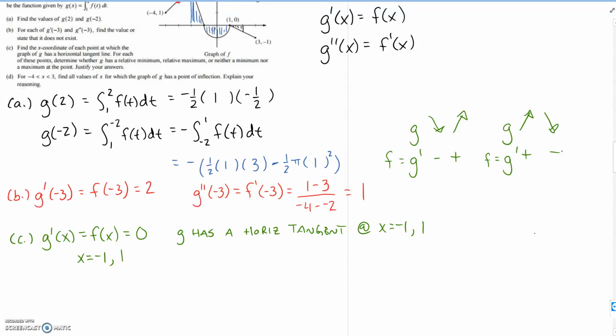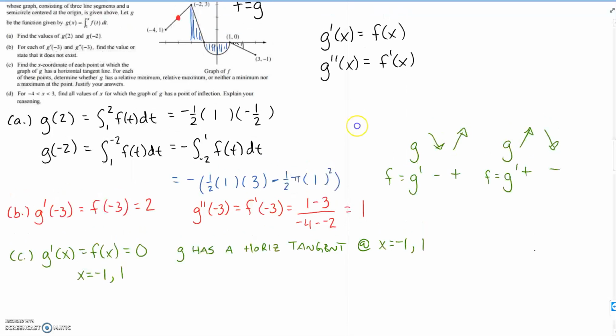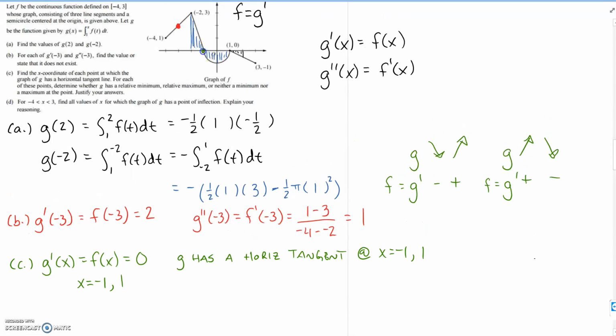And so looking at x equals -1, this graph changes from positive values to negative values. So g prime changes from positive to negative, which means at -1 there is a relative max.